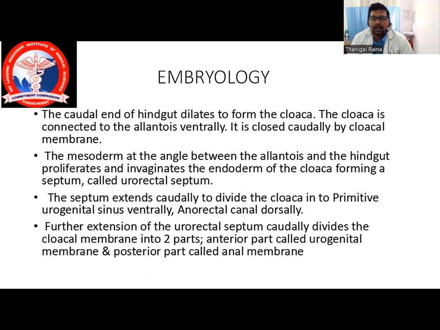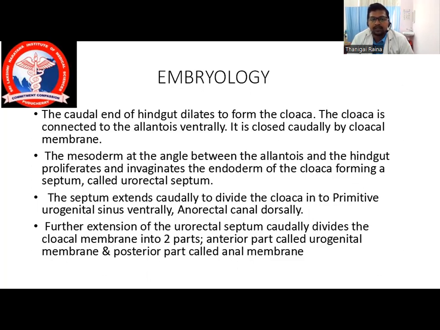The cloaca is connected to the allantois ventrally and it is closed caudally by the cloacal membrane. So the mesoderm at the angle between the allantois and the hindgut proliferates and invaginates the endoderm of the cloaca, forming a septum called the urorectal septum.